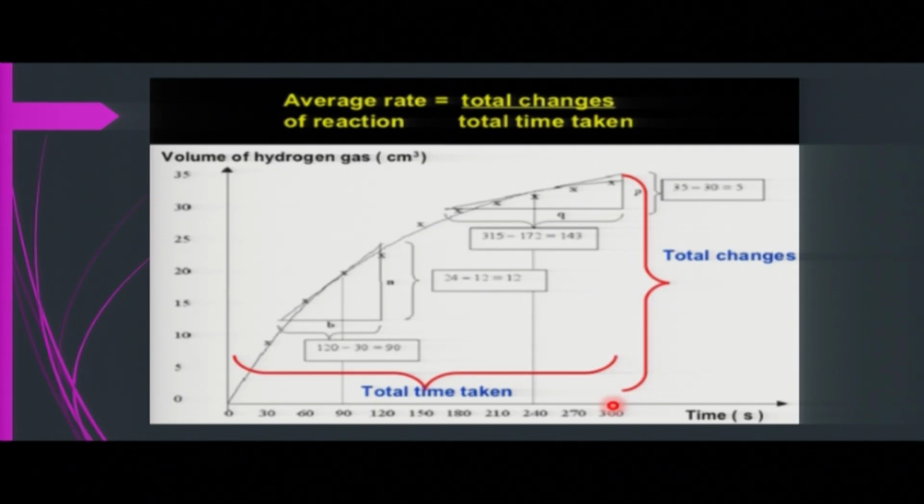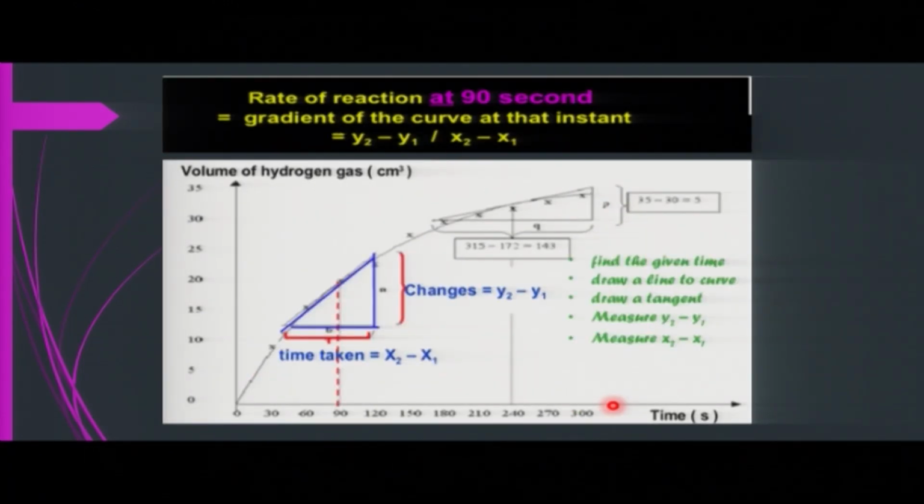So how do we get instantaneous rate? Let's take an example, instantaneous rate at 90 seconds, if you're still using that illustration. So you would have to draw a line from that time, 90 seconds, extrapolate it up to when it meets the curve.